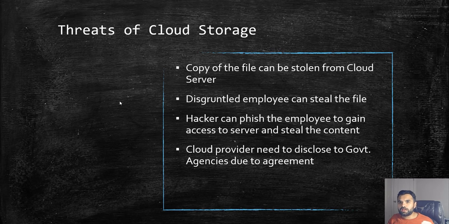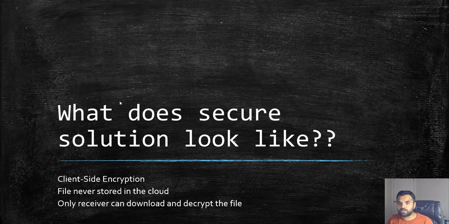If the file is not just server-side encrypted but also client-side encrypted, so that only I, the owner of the file, or my receiver can decrypt it, then even though that file is stolen or given to the government for any reason, they will still not be able to read or decrypt it, if we are using a good encryption algorithm, of course. That will be a solid control to prevent anyone from reading the file.